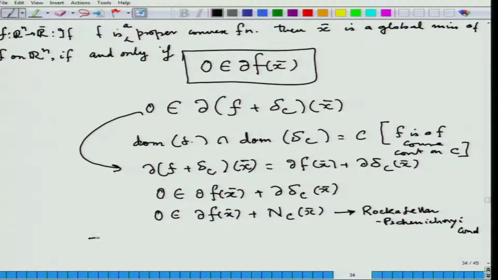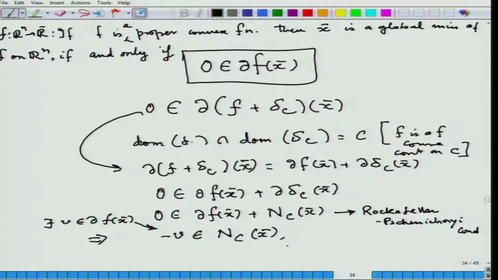This implies that there must exist a v in del f x bar such that minus v must belong to the normal cone.